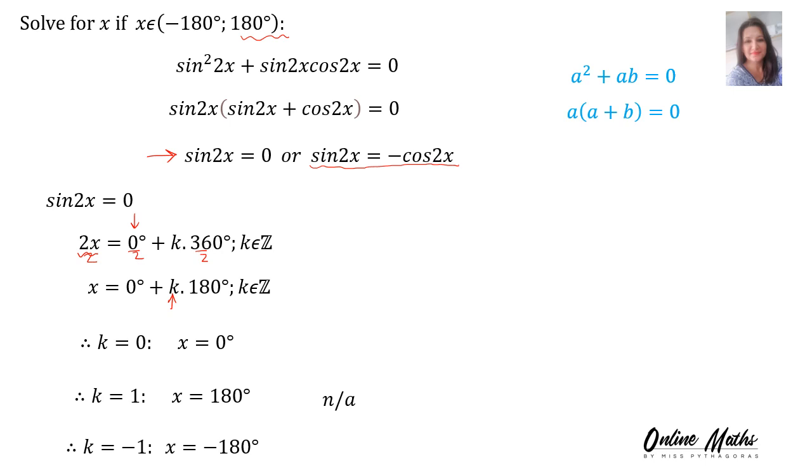And when you substitute k is equal to minus 1, you end with x is minus 180, which is also not applicable since your interval did not include minus 180. Now in the next slide, we will solve the rest of this equation.